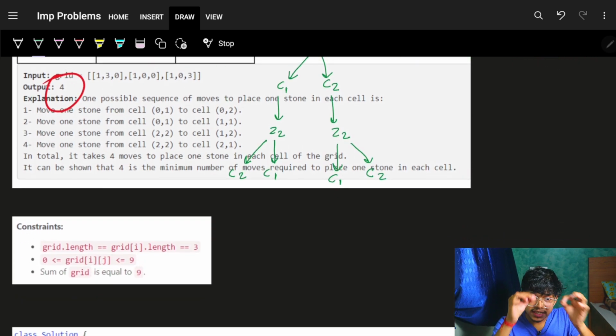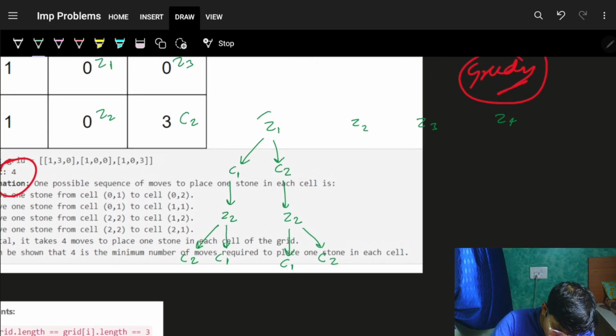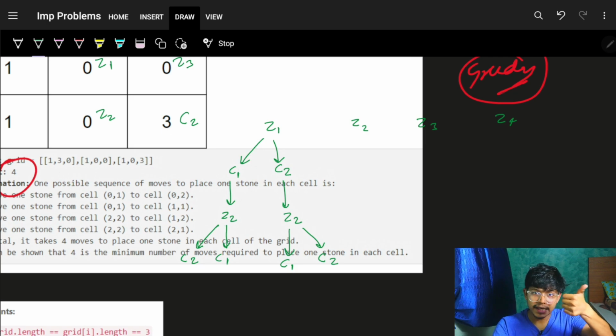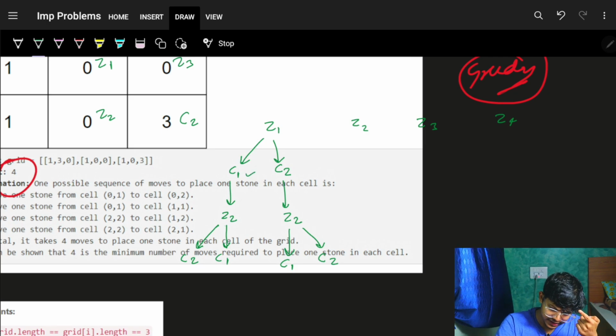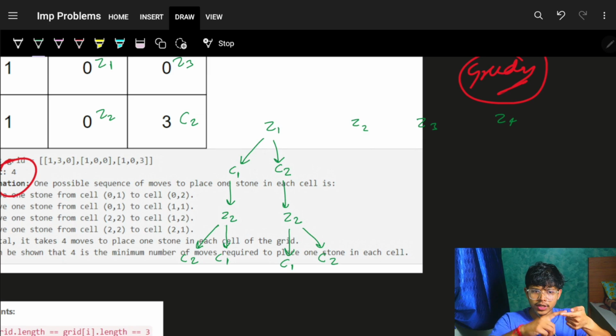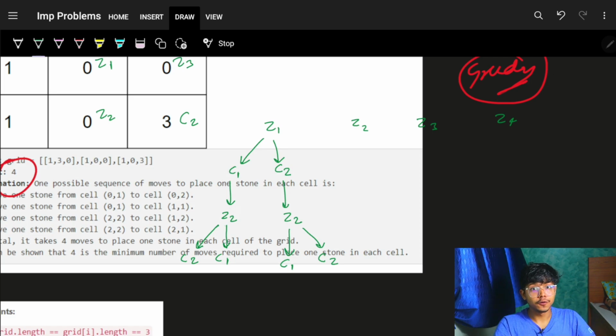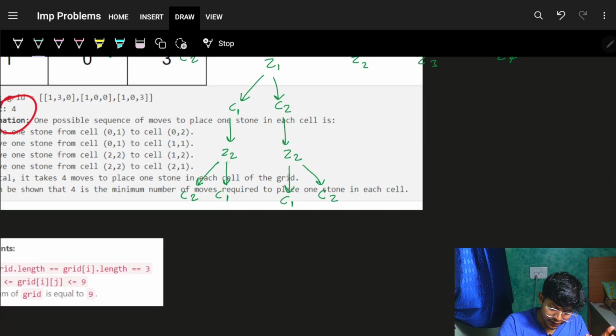That is how, if you start off with some specific Z cell, you can get a stone from cell C1. And if I got the stone from cell C1, I can just decrease the count of C1 by 1. Now I can just pass on, and I know I have to fill all the Z cells. So I will go on and try for cell Z2.